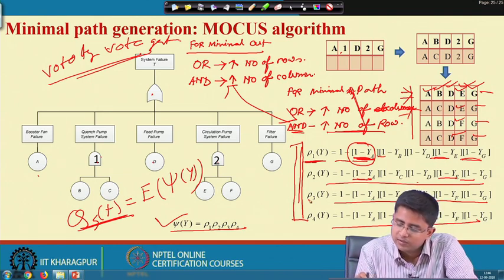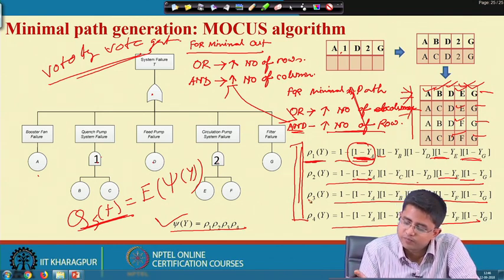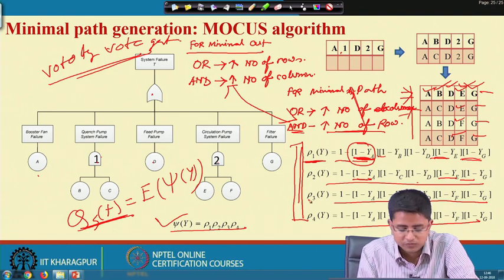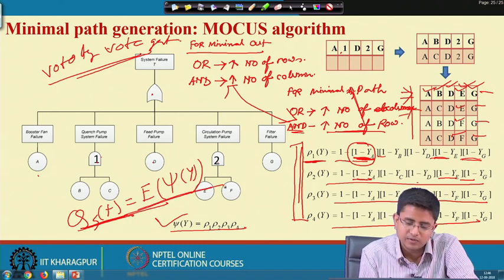So for that you calculate and dig down more. After that you put in the expected value of all the basic events, then you calculate the unavailability.